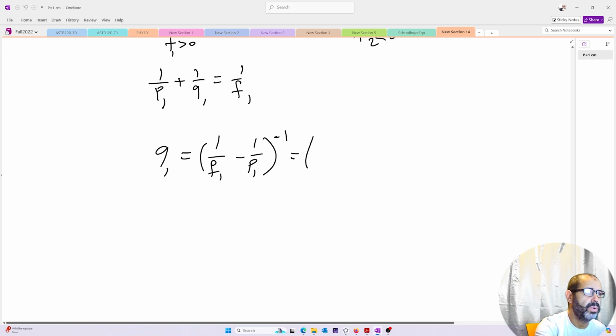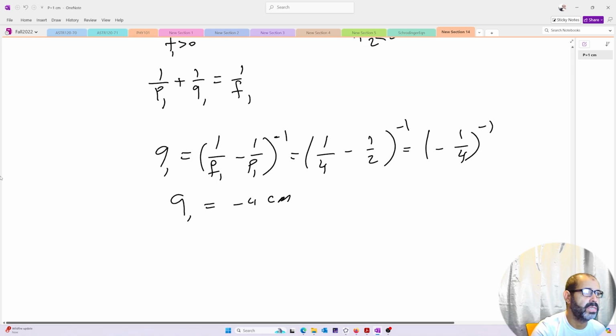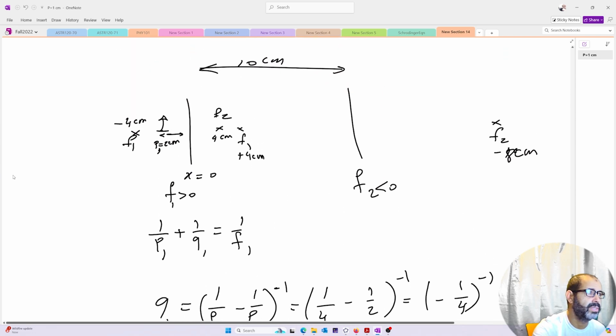This is equal to 1/4, this one is equal to 1/2, and it's inverted. 1/4 minus 1/2 is just -1/4 because 1/2 is more. And you invert it, so Q1 is equal to -4 centimeters. Indeed, the image actually forms exactly where the focal point is. So this is where the image is.